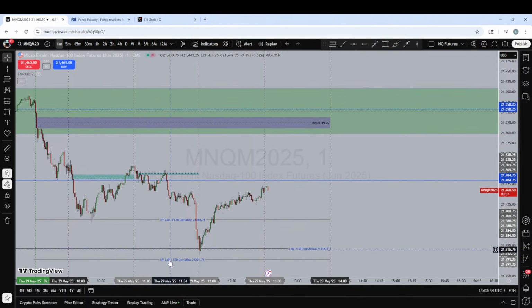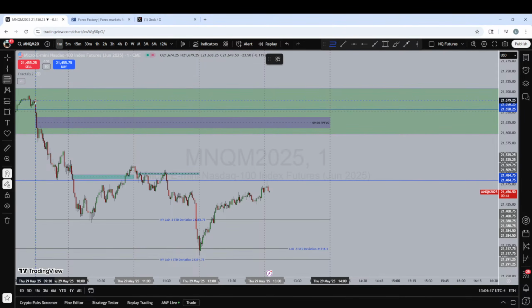Then it came back down and I have this one here as a one standard deviation for the New York low of day. Basically, what this is is very simple: the high of the range to the low of the range gives you one. That's all it is.